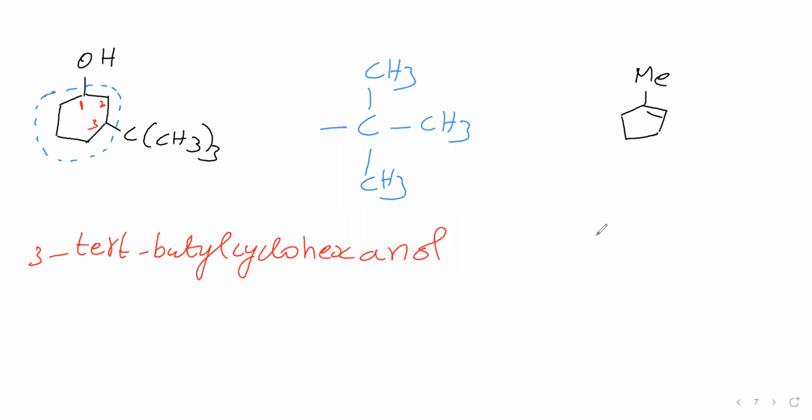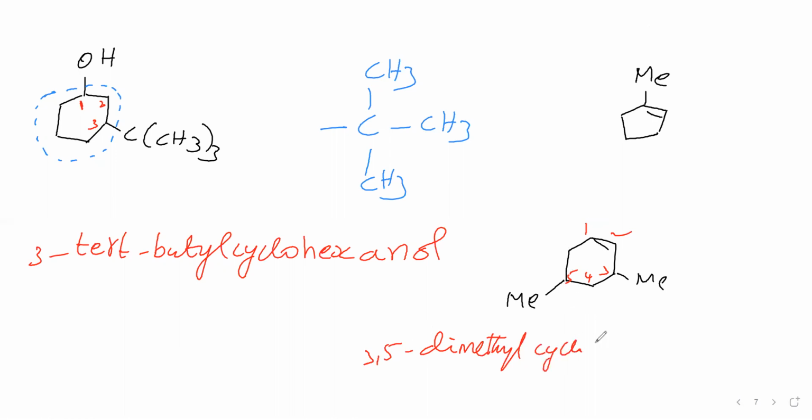Next compound is here methyl, here methyl. Now this compound name we will say. In this one, the cycle is the parent chain, and the double bond must get the least position, therefore numbering 1, 2, 3, 4, 5 like this we said. Now we say the first branch name: the first branch is dimethyl, at positions 3, 5, and a 6-member ring, therefore cyclohex.